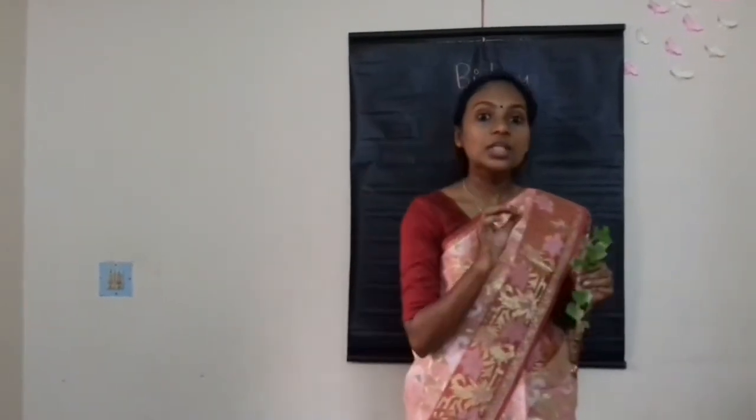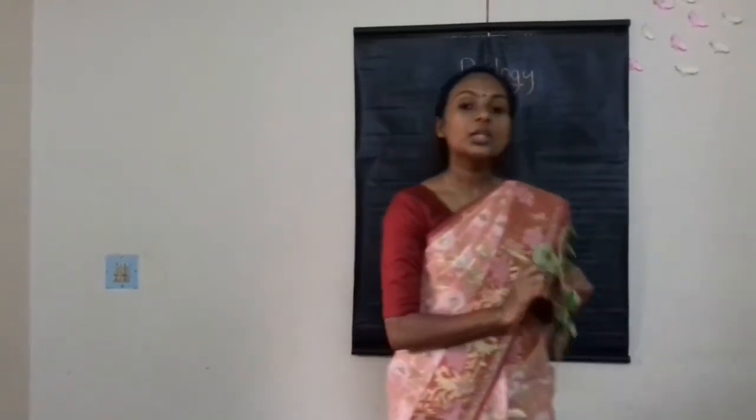Vascular tissues. Vascular tissues are the tissues which help for the conduction of water and minerals in plants. Today we are going to discuss these vascular tissues, their types and the difference between the two types of vascular tissues. Are you ready?